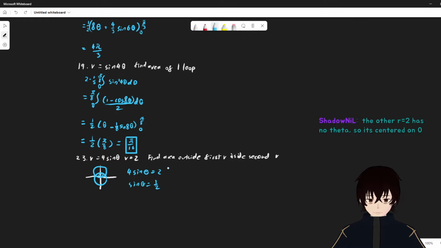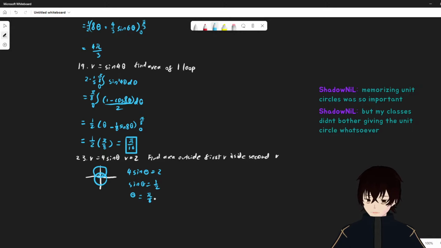Yep. r2 has no theta, so therefore it's centered around the origin. Yes. And it just means radius is equal to 2. It is so important, but I somehow fail at it all the time. We get pi over 6 and 5 pi over 6.